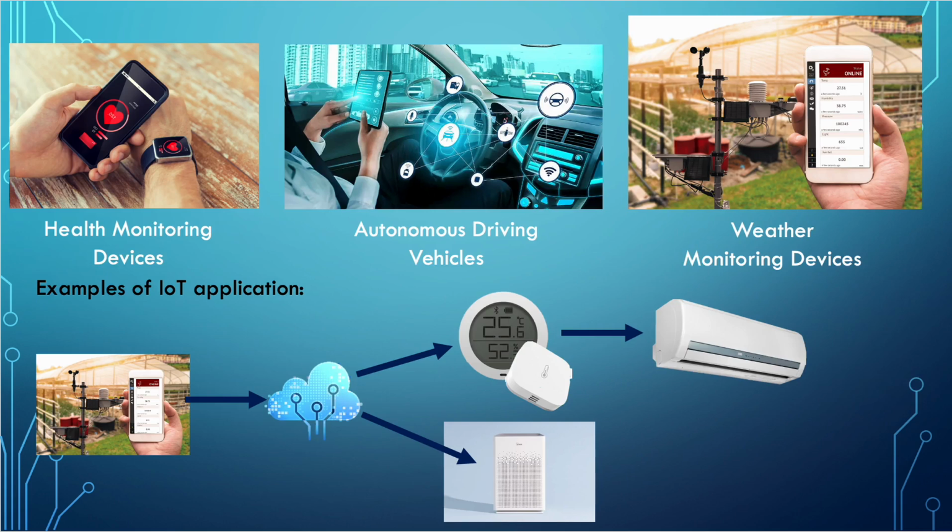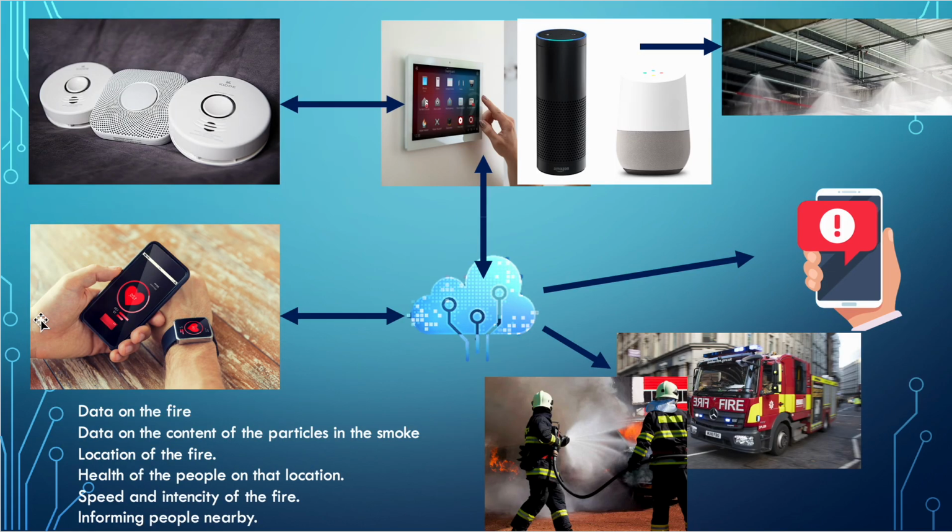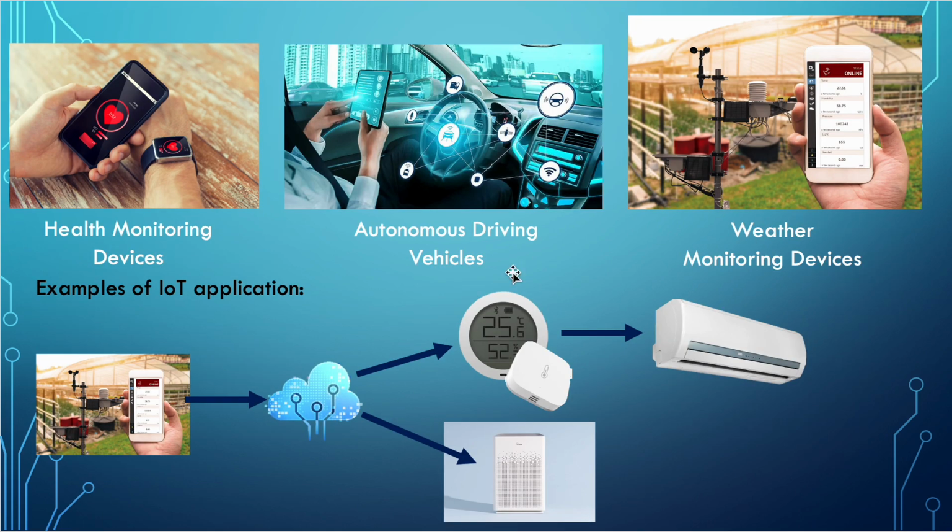We talked about how this data can be used in one scenario, and we looked at an example where multiple IoT devices work together to handle one particular scenario. We talked about a device giving out information to adjust temperature.